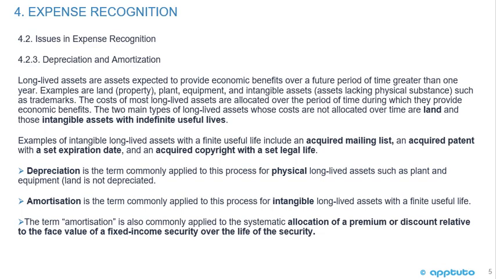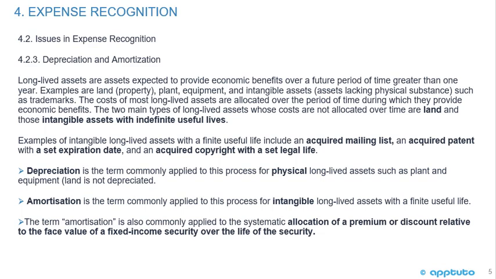The two main types of long-lived assets whose costs are not allocated over time are land and those intangible assets with indefinite useful lives. Examples of intangible long-lived assets with a finite life include an acquired mailing list, an acquired patent with a set expiration date, and an acquired copyright with a set legal life.